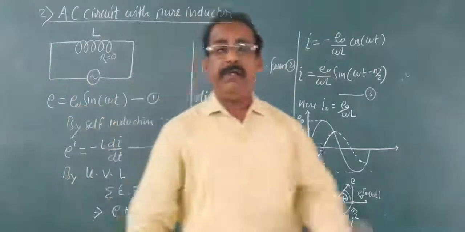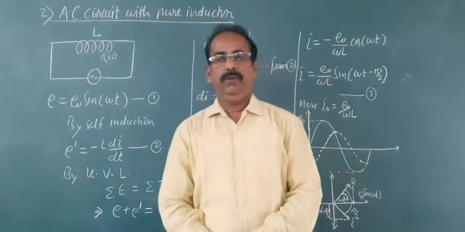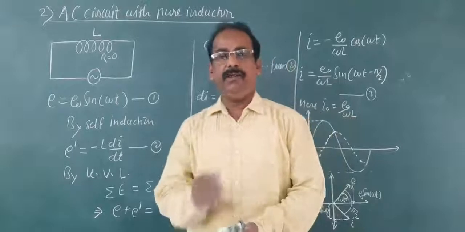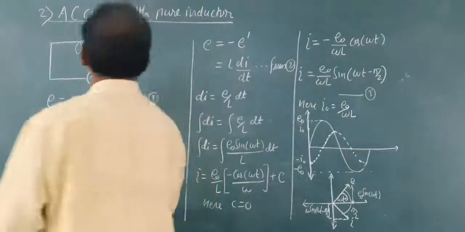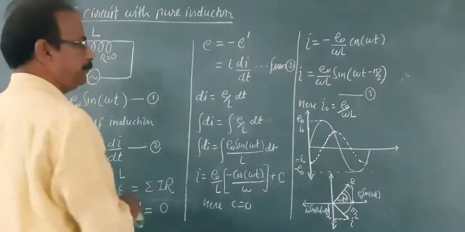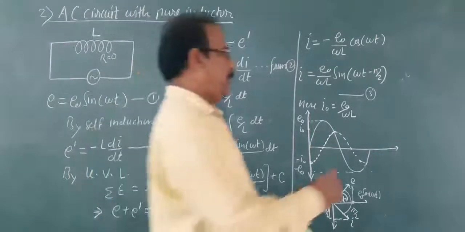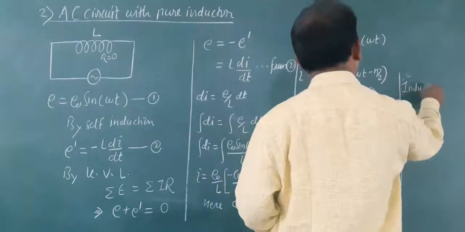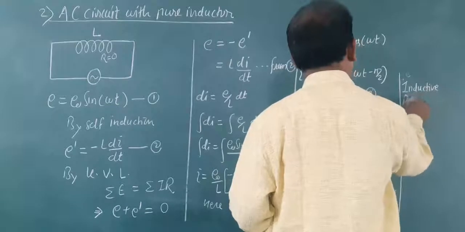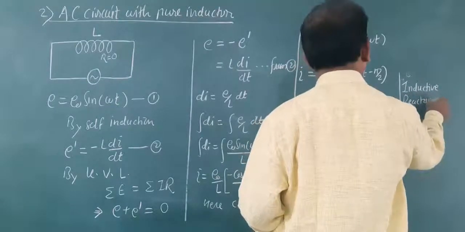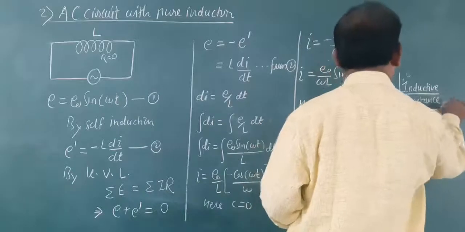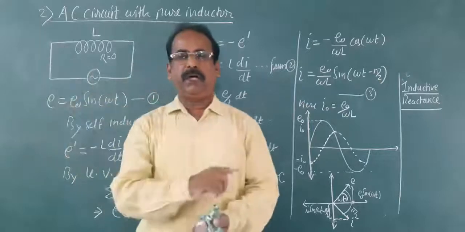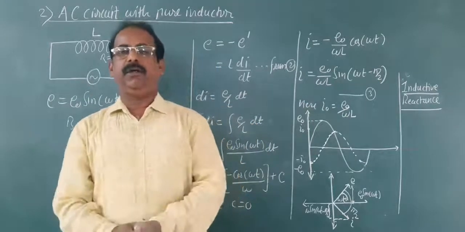Now, what is meant by inductive reactance? In this inductor circuit, you must know what is meant by inductive reactance. Inductive reactance is the resistance offered by this inductor to the flow of alternating current.